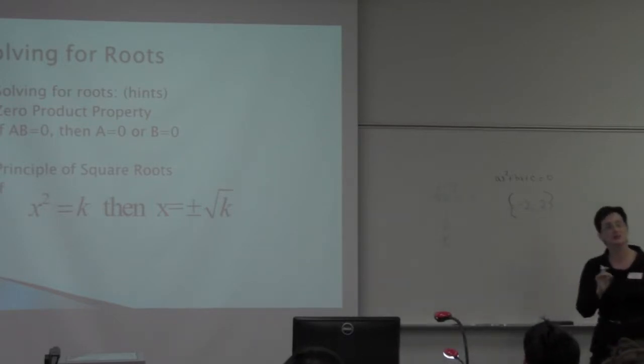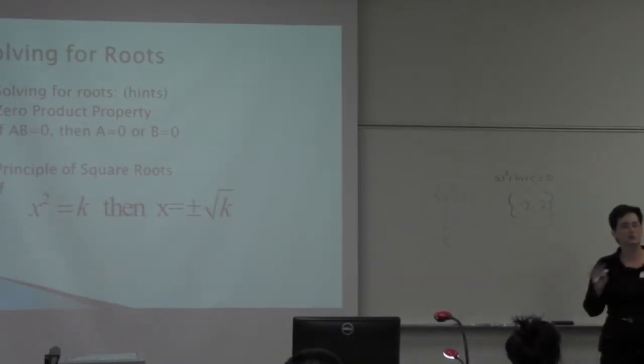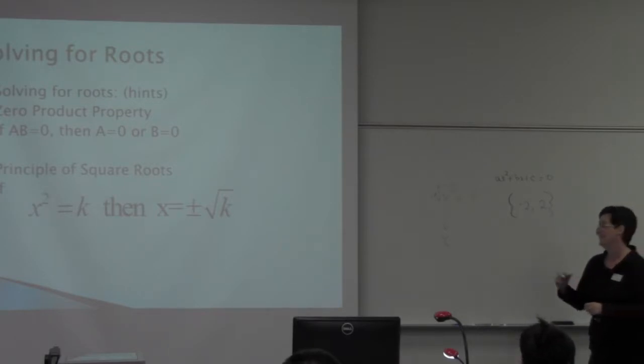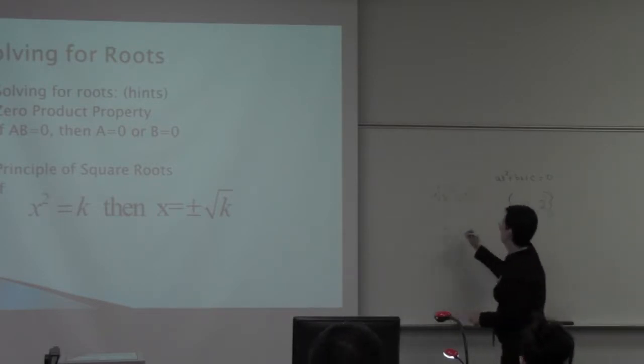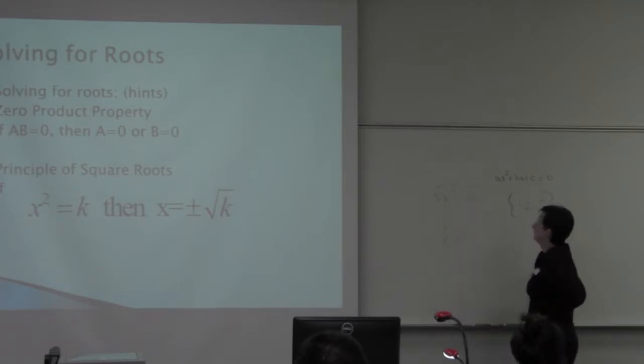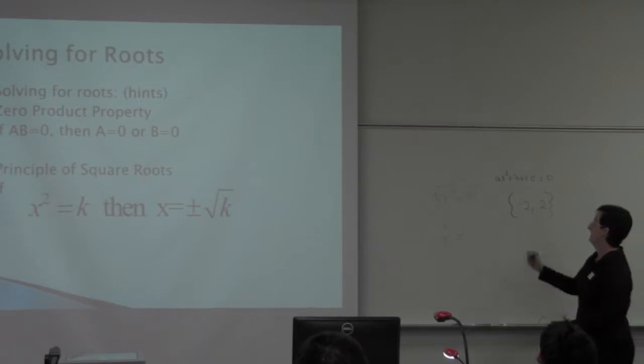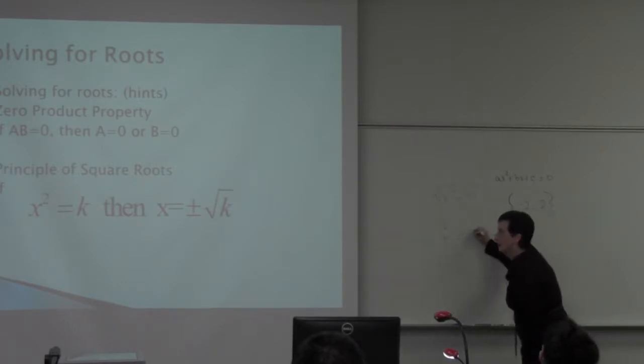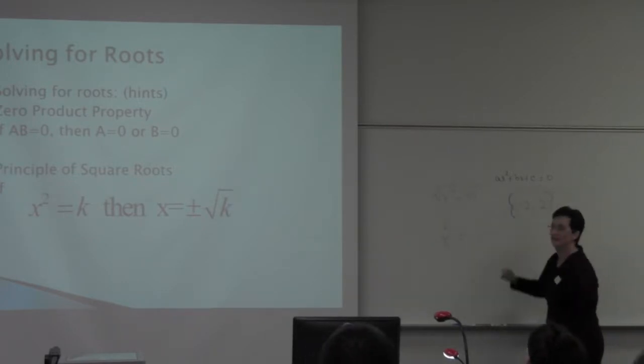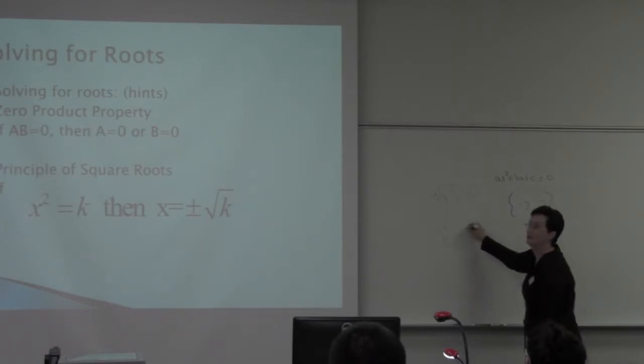And the nice thing about an equation is that you can do pretty much anything you want as long as you do what? You have to do the same thing to both sides. So the square root of x squared is x, but what is the square root of 4? And notice right here, how many answers did we have? It's not just 2.